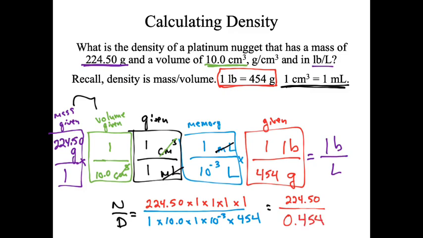Did you have the 10 in there? You're right. Now we can enter into the calculator 224.5 divided by 4.54, and we get the magic number of 49.45. Don't round it.